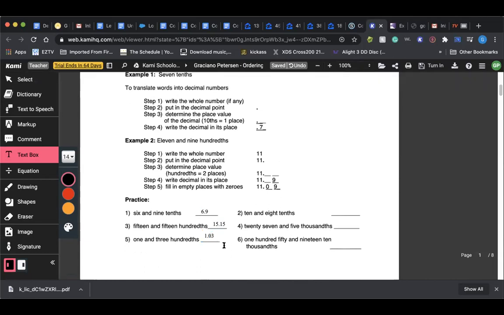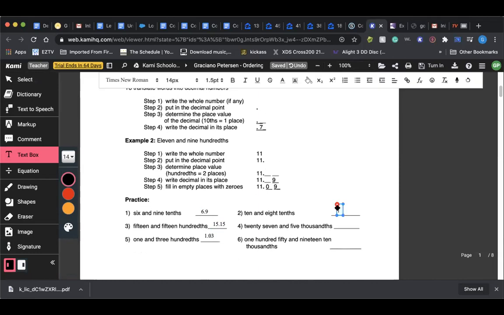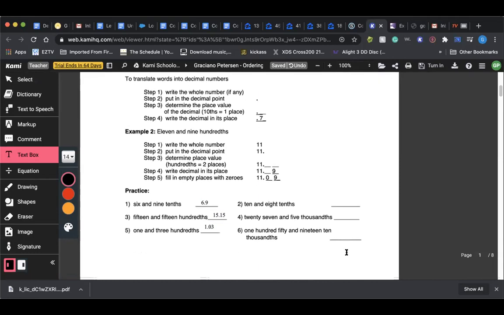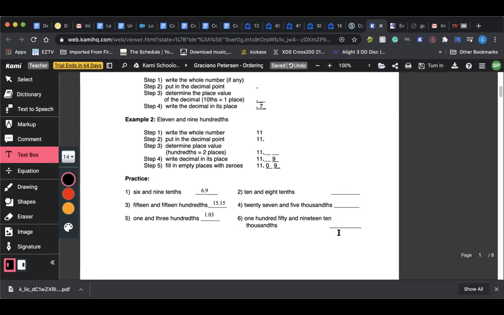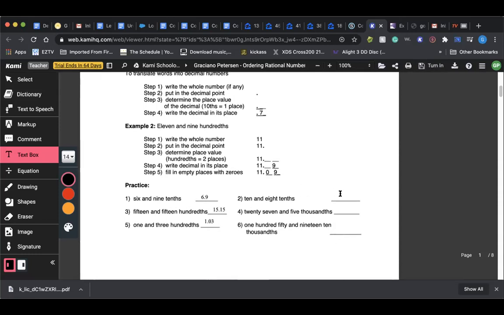Okay. And it automatically saves. As you can see at the top, it already said that it saves, so I don't even have to press the disk at the top. And then after I'm done filling everything in, not only do I have my notes as it saves it for me, I can also click turn in and turn it into Mr. G. All right, so yeah, the text box feature is great.